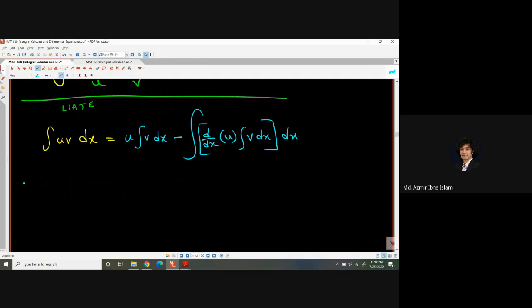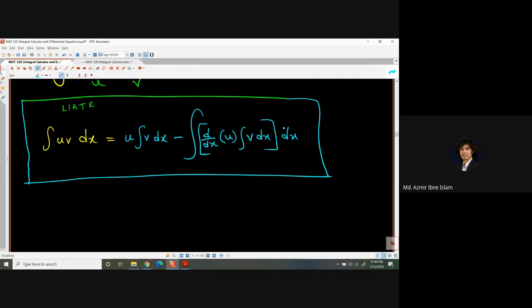So this is called the formula for integration by parts. This is how we can easily solve an integral with product form.